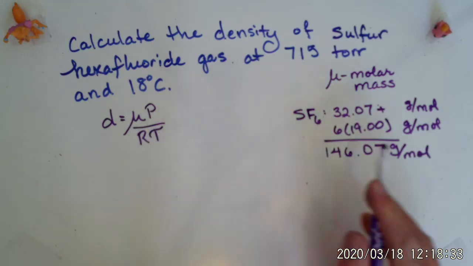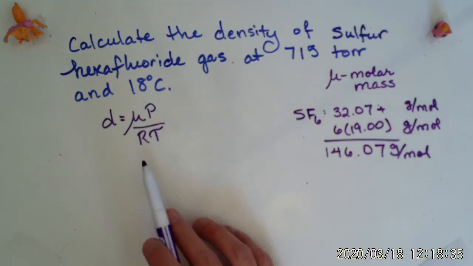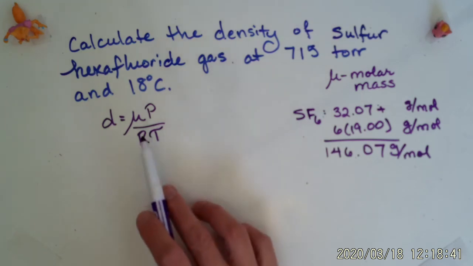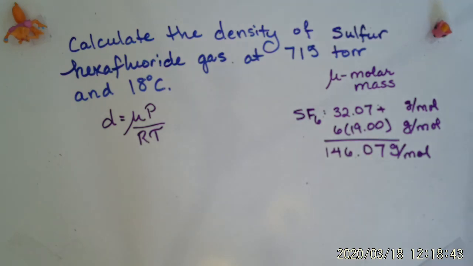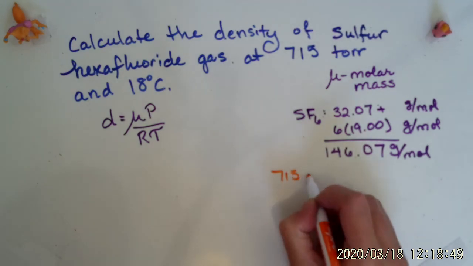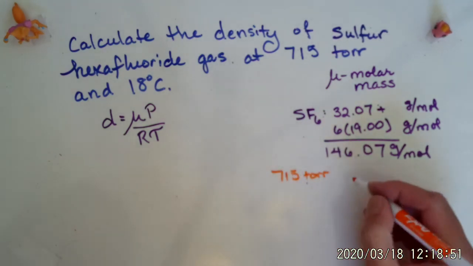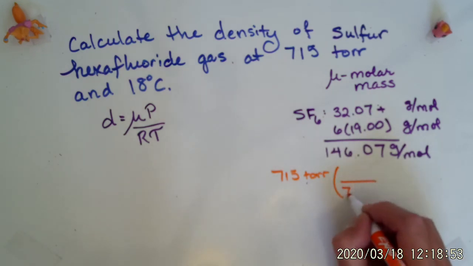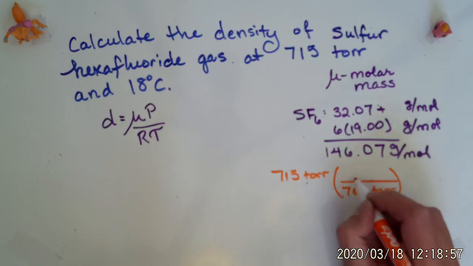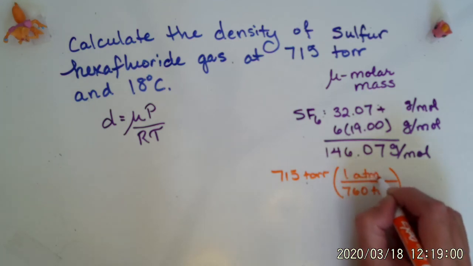So now we have that value. The pressure is in torr. And in this case, because I'm using my ideal gas constant, we're going to actually have to convert torr to atmosphere. So we take the 715 torr, and we know that 760 torr is 1 atmosphere.